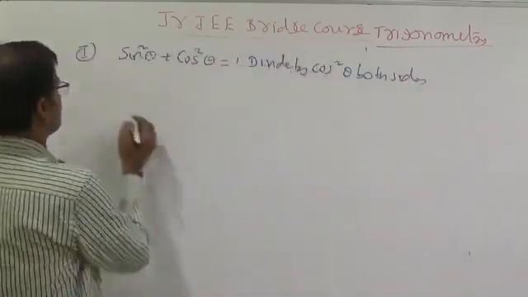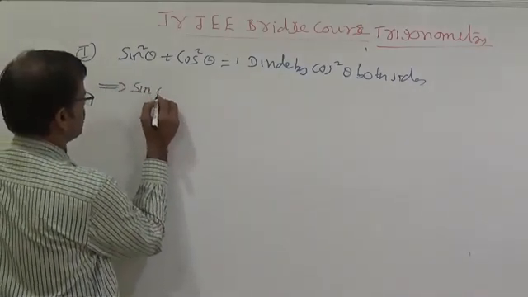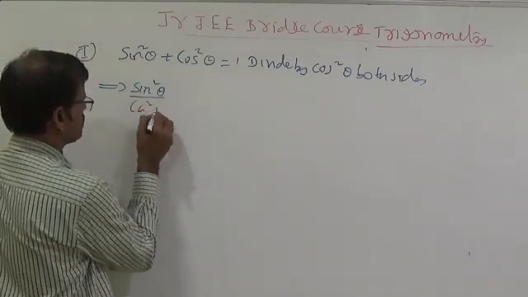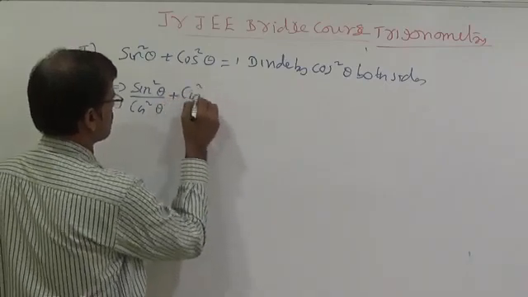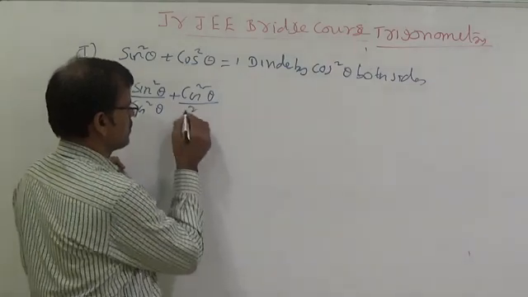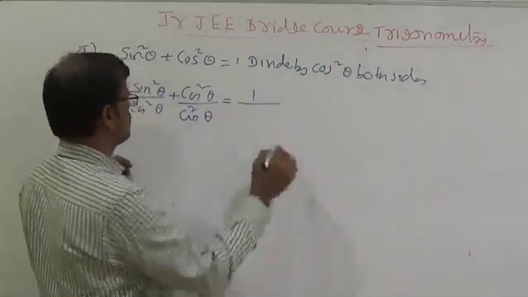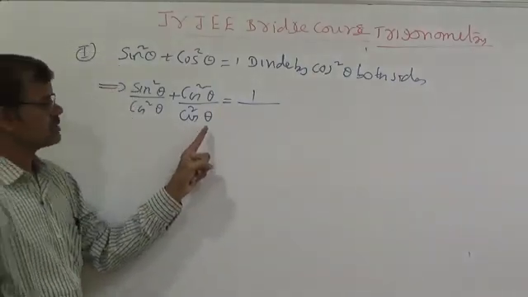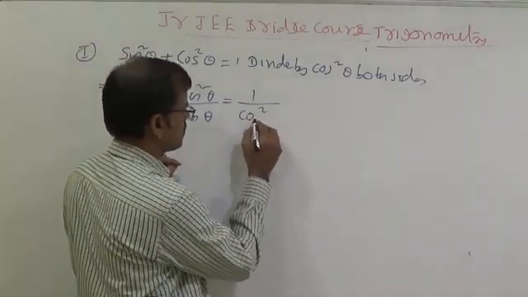That implies we can write sine square theta by cos square theta plus cos square theta by cos square theta is equal to 1 by cos square theta.